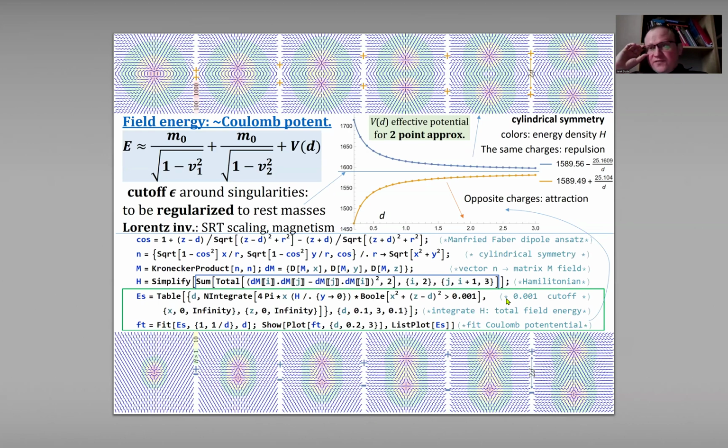Okay, so let's think about the Coulomb interaction. Here is an approximate calculation of the Coulomb interaction. We get two topological charges at various distances. Here are the same positive charges. Here are positive and negative, opposite charges. The color represents the energy density. And we can now integrate the Hamiltonian, being this sum of squared curvature, as mentioned.